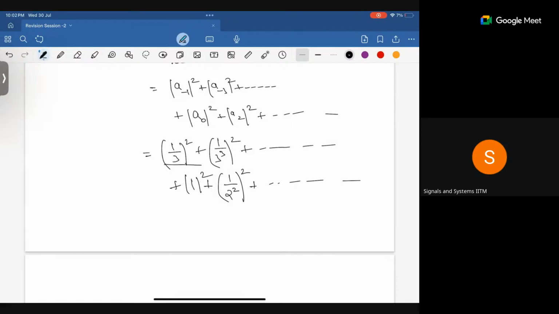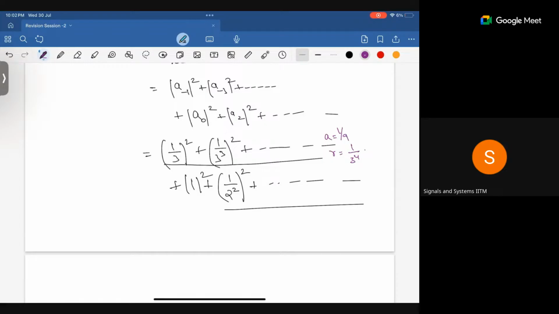Okay. And this is a geometric series. You can see the starting term A is 1 by 9, and the next term is 1 by 3 power 6, so the common ratio will be 1 by 3 power 4.